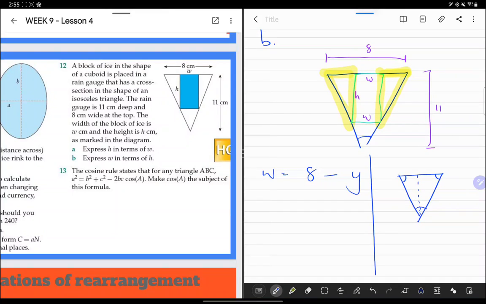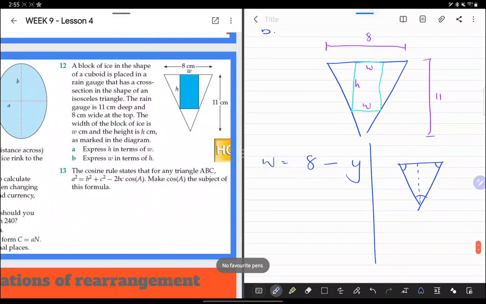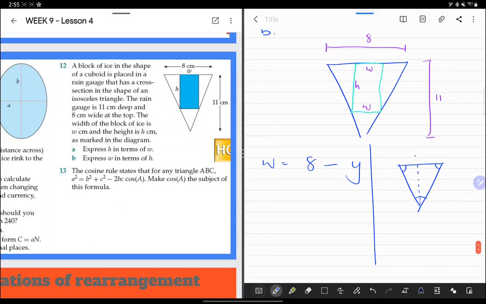It'll be exactly the same as that big triangle. So we know again we got the same ratio of things happening. So I can say if this is the Y that we want, right? I've taken the ice block out and I've sewn these two triangles together.